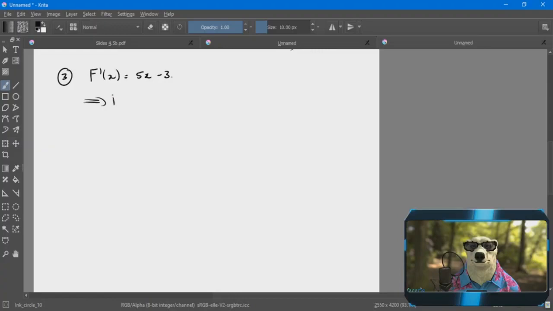Then the antiderivative, I'm focusing on the essence. What is going to give me this, give or take a constant? Well, by the constant times a function property, I just focus on the x. The 5 can stay in front because the constant times a function property allows me to do that.